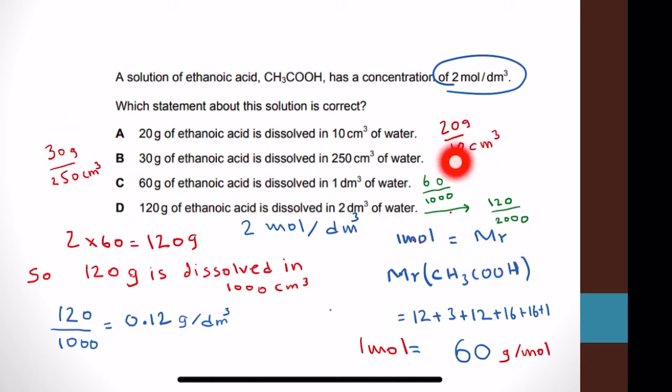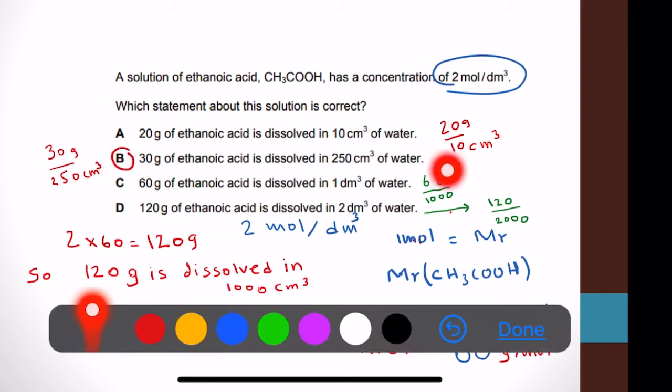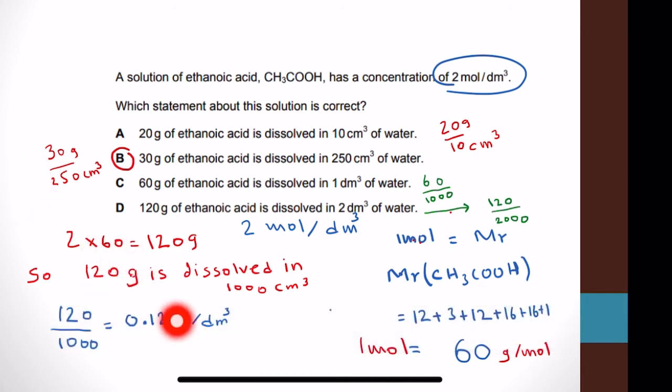Divide all the values and find which gives exactly 0.12 gram per cubic centimeter. So 30 divided by 250 is equal to 0.12. This is how we can calculate such answers.